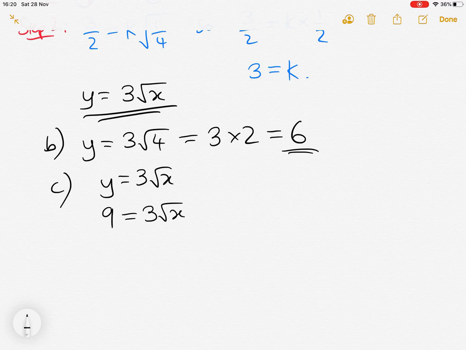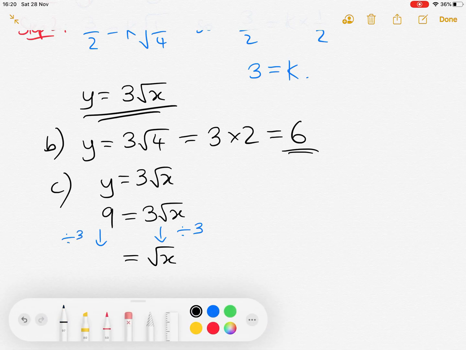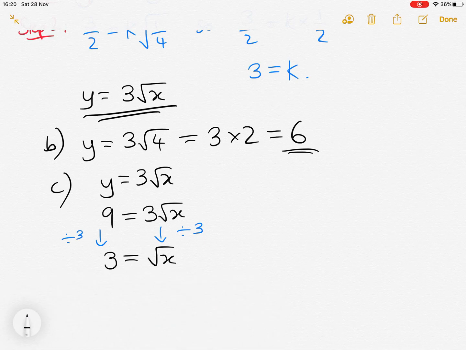So first of all, let's see if we can get the square root of x on its own. What can we do to both sides to just get root of x by itself on this side? We can see we need to divide by 3. So we do the same thing on the other side, and if we divide 9 by 3, we get 3.